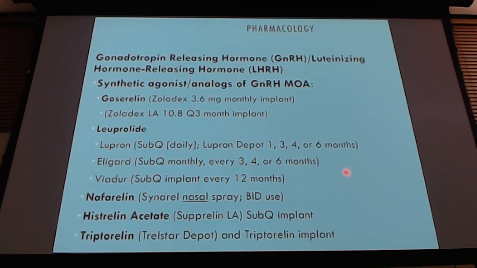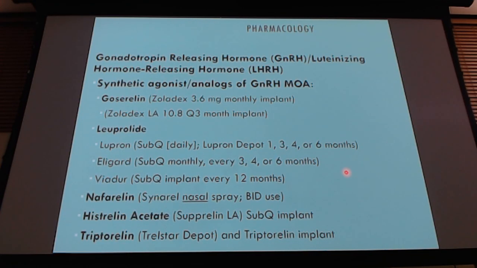So when we're looking at this, what I want you to look at is the fact that these have different formulations, and then how with your Nafarelin, how I underlined that one is a nasal spray. This will also come into effect a little bit when we talk about some of those things. So just remember that we have several different formulations: implant, sub-Q, usually how you're going to see some of these.